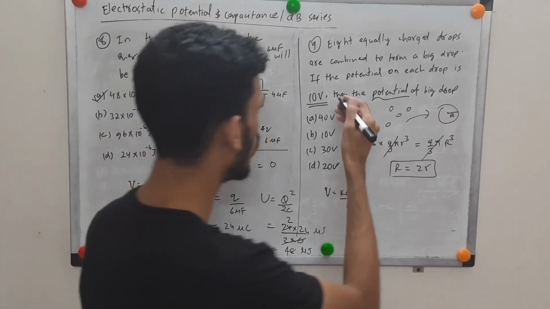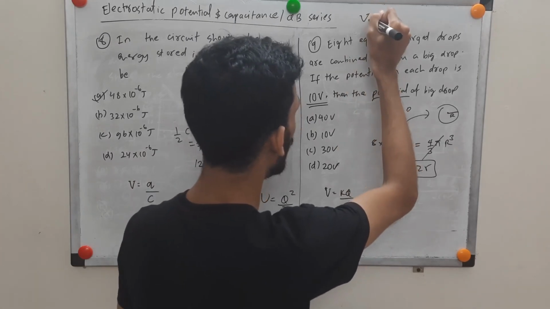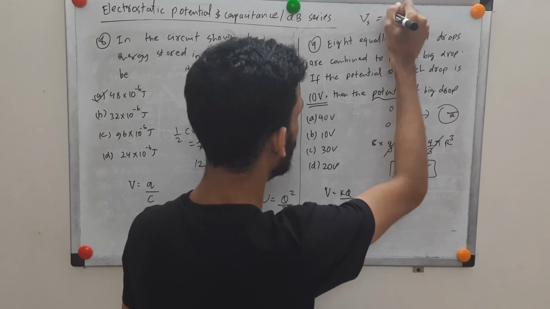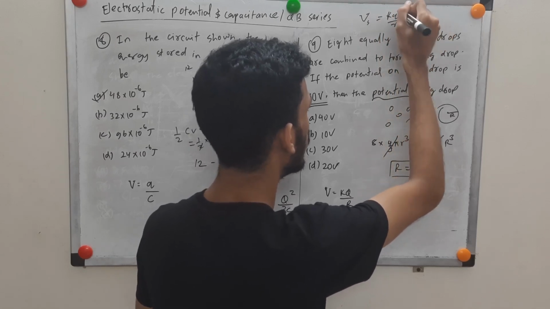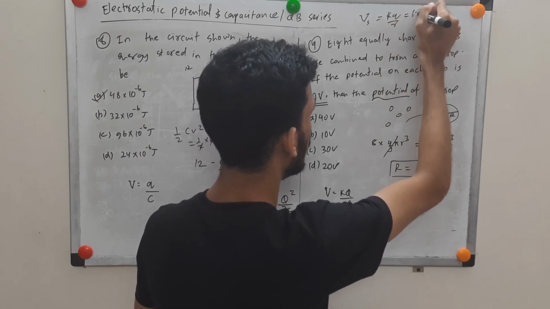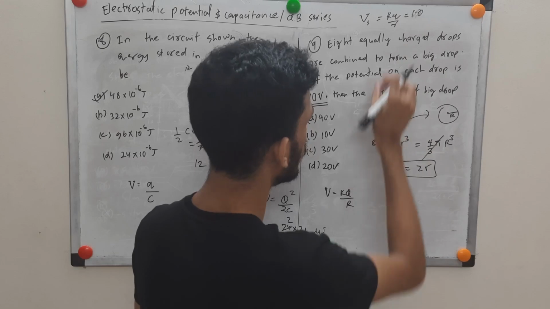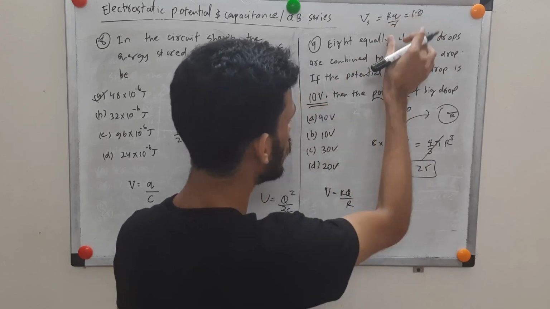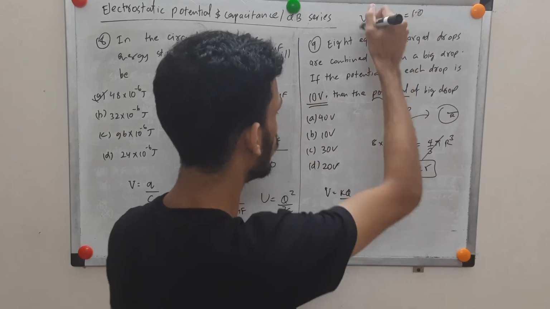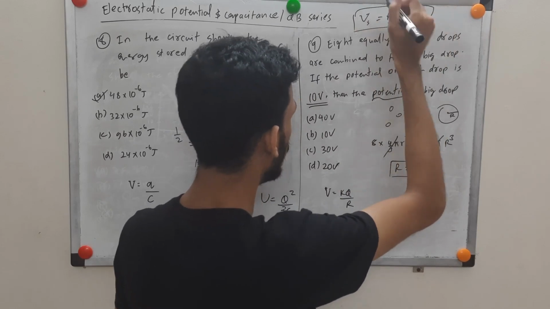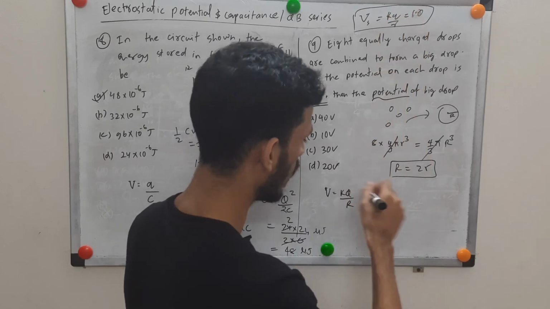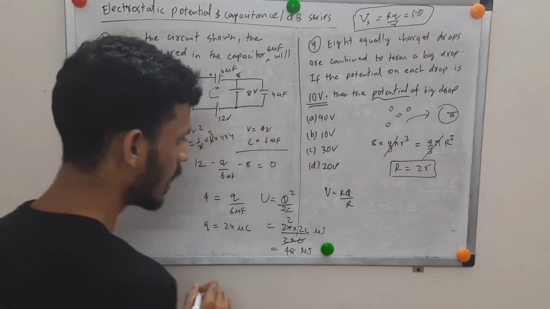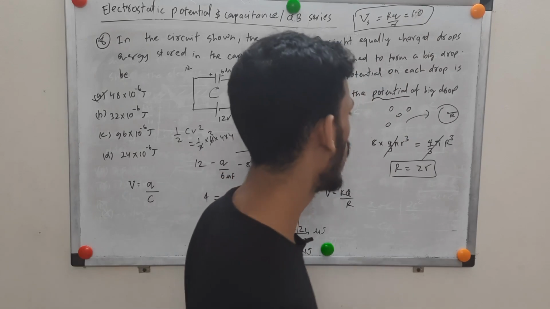You're also given that V for the smaller one is kq by r, and it is 10 volts, with small q the charge on the smaller one and r its radius. For each drop it is 10 volts. So we are basically finding a relation between q and r and capital R. Now we have the relation between capital R and small r.